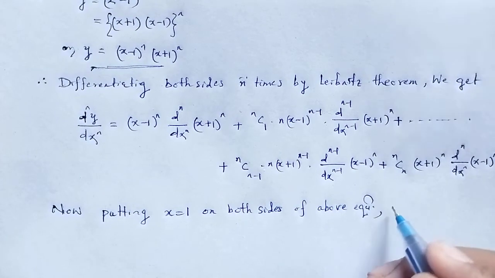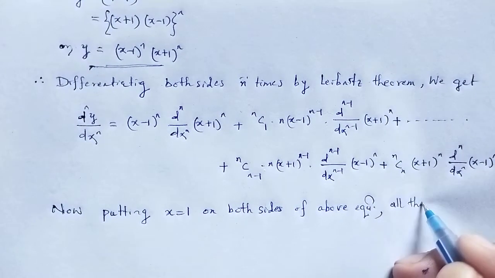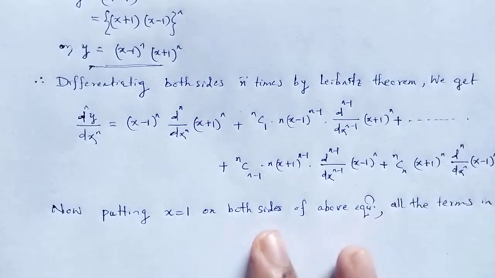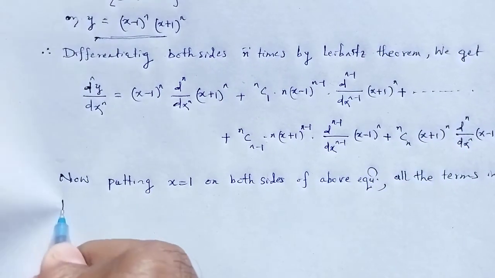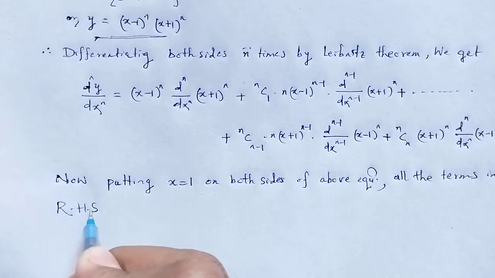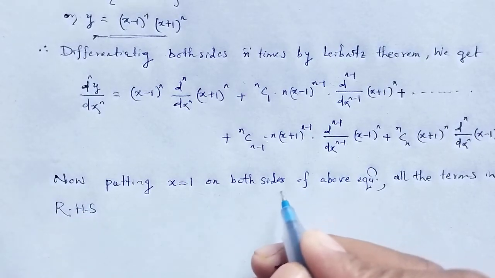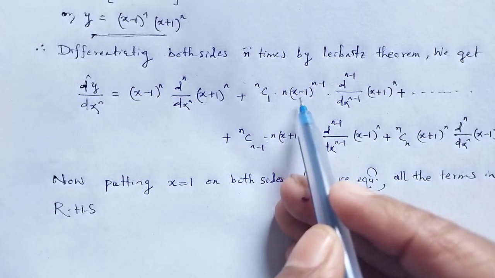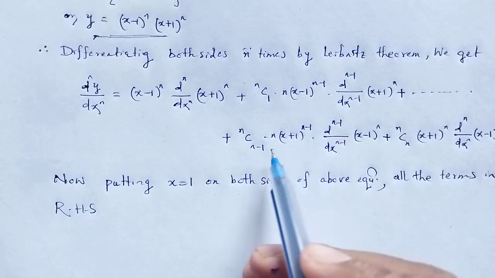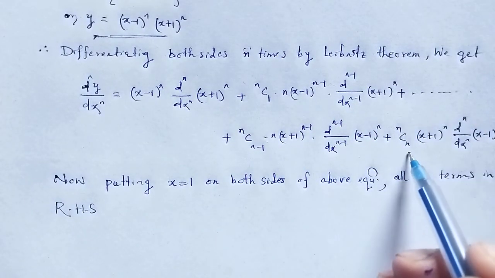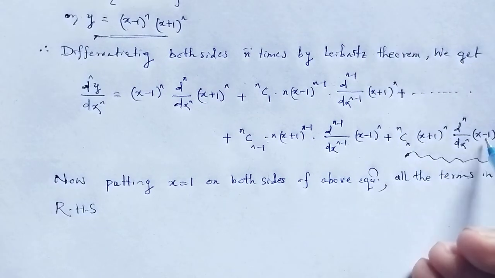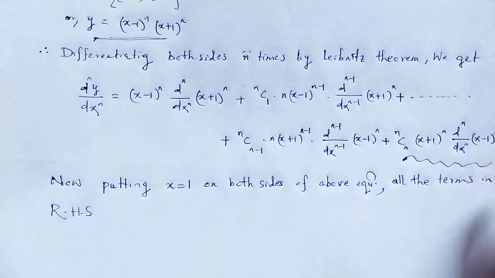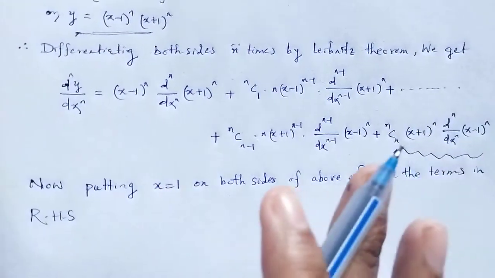All the terms on the right hand side, due to the factor x minus 1, will be 0, except only the last term exists, since the nth order differentiation of (x-1)^n is n factorial.